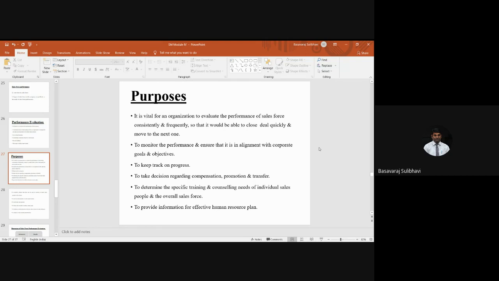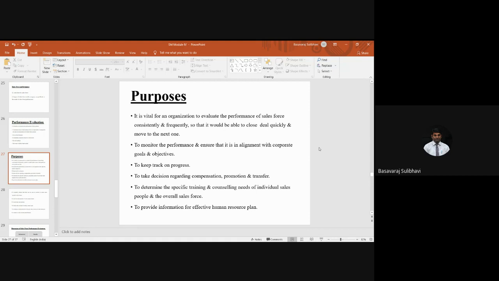It is very vital and very important, and any organization has to have it in their processes, activities and operations. Organizations have to evaluate the performance of the sales force continuously, consistently and frequently, to check whether the salespeople are performing the plan given to them better or not. Whether they are working according to the plan matters, because if the plan is executed properly, the expected results will be achieved.